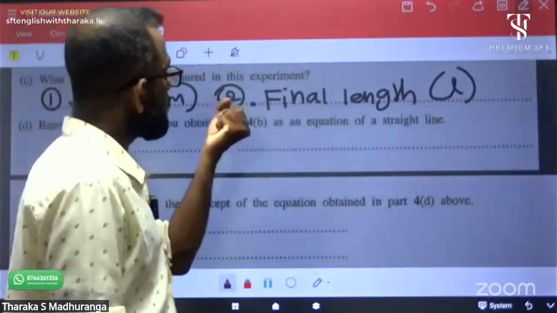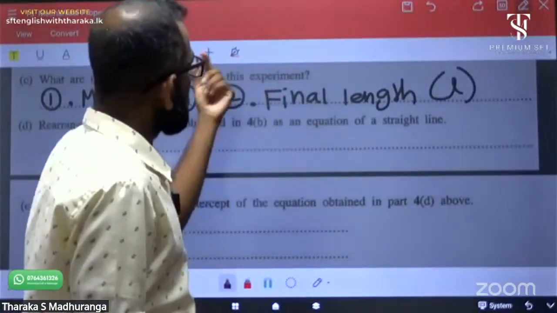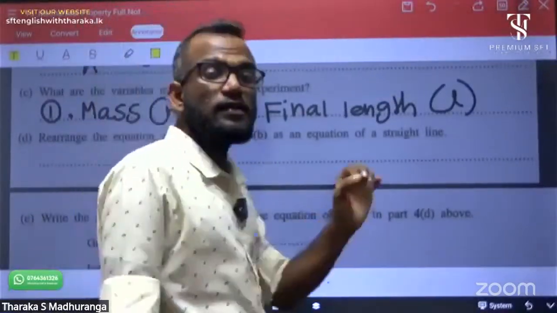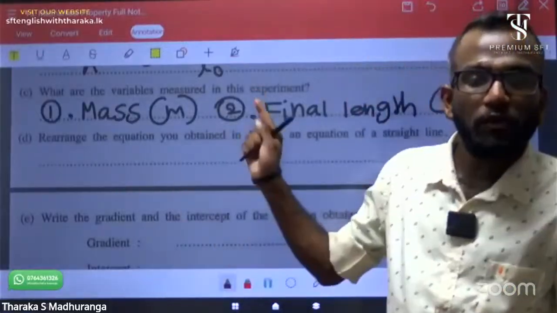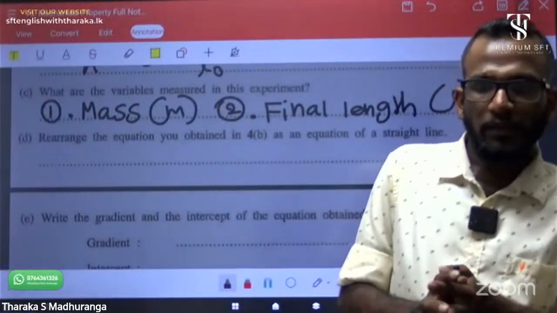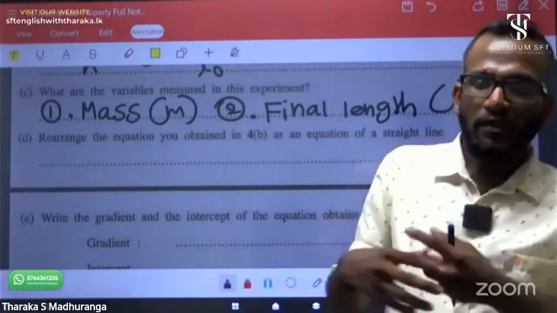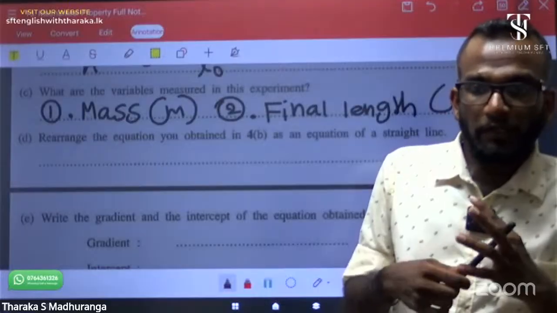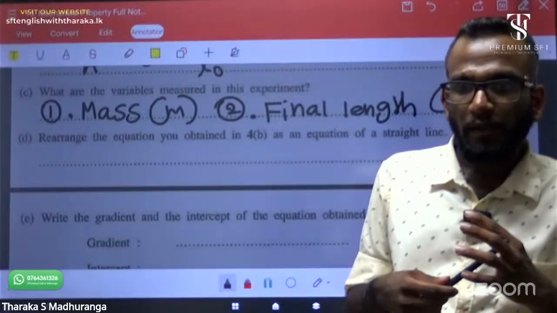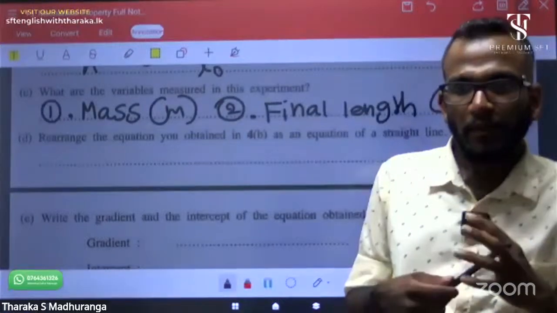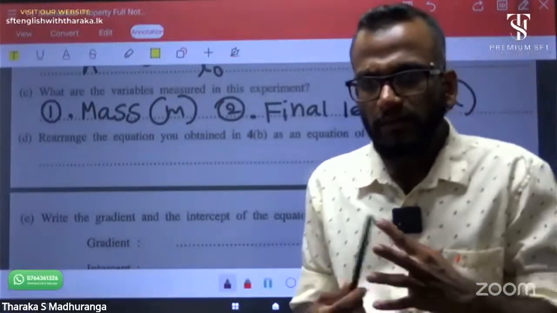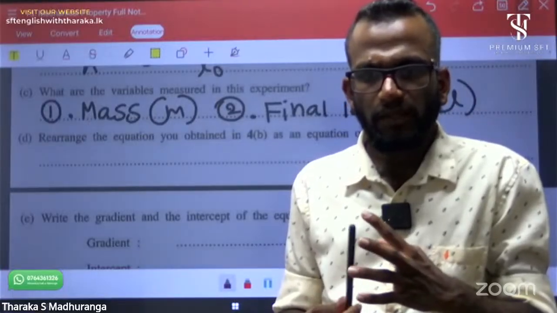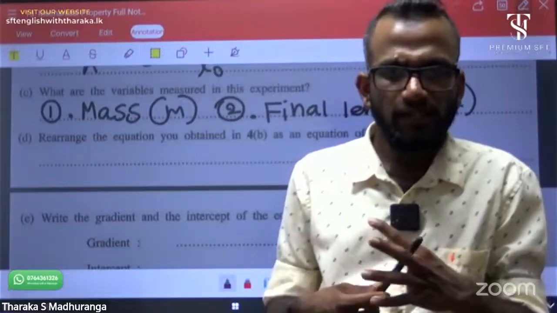Rearrange the equation you obtained in 4b, as an equation of a straight line. That is the most important thing I want to explain. There are other questions based on mechanical properties of matter. Elasticity is not a measured quantity.